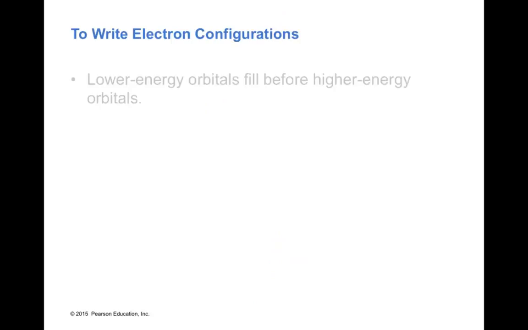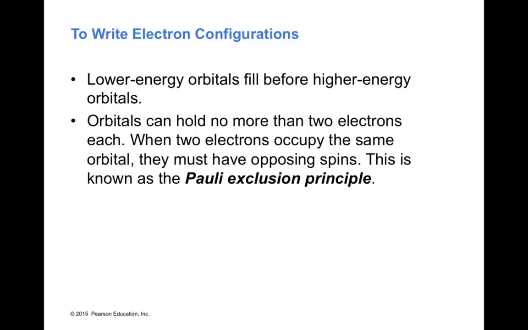So to write electron configurations, the lower energy orbitals fill before higher energy orbitals. Always, you start with the 1s, then the 2s, 2p, etc. Orbitals can hold no more than 2 electrons each. When 2 electrons occupy the same orbital, remember they must have opposite spins, one pointing up and one pointing down.